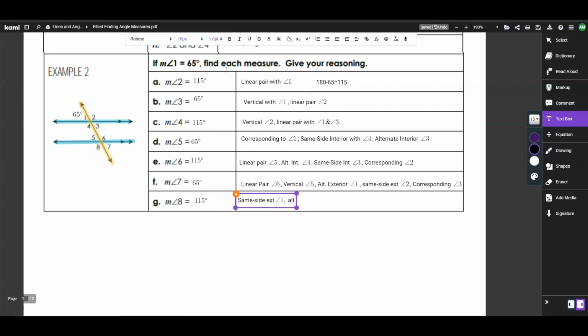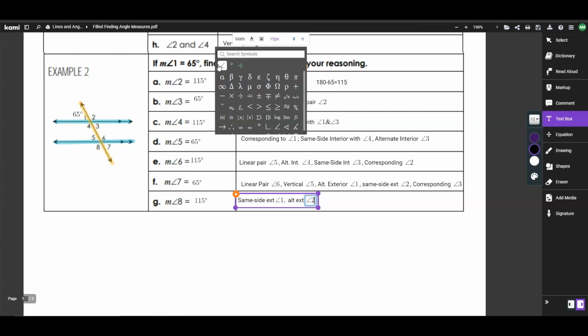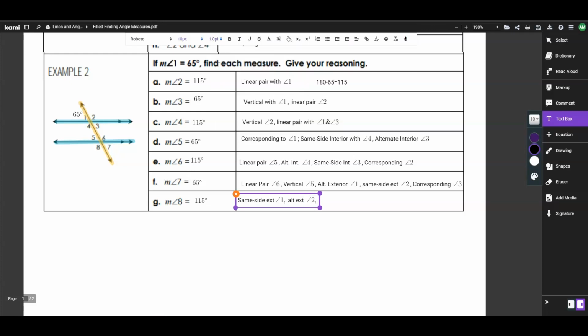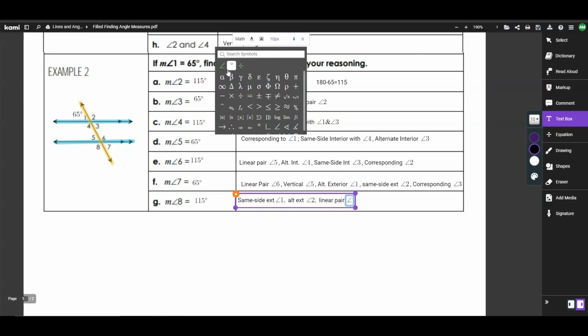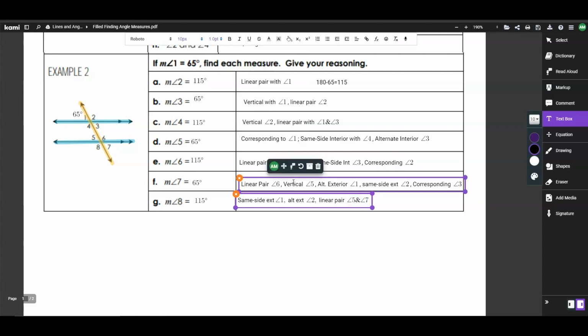We're alternate exterior to angle 2. Linear pair with both angles 5 and 7. And we've got vertical to angle 6.